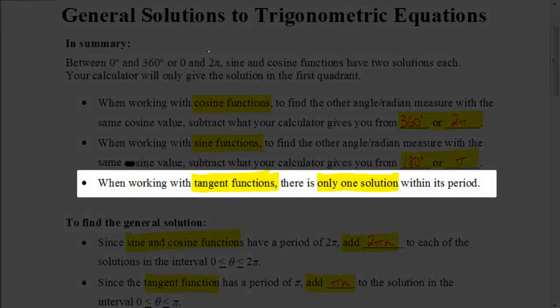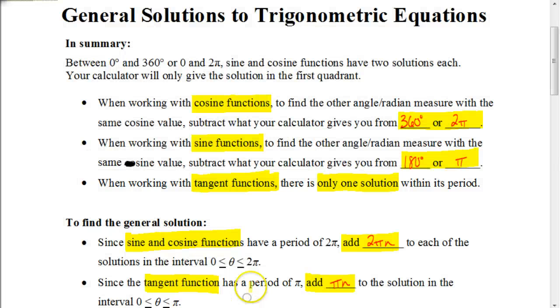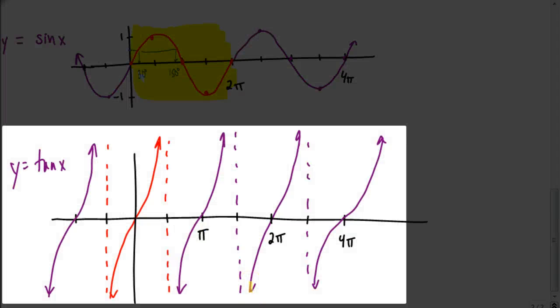Now the tangent function is unique. There's always only one solution within its period. For example, if you look at this graph, this in red represents one period of the tangent function. Remember, it has a period of pi units. It goes from negative pi over 2 to pi over 2, or we could even look at it as going from 0 to pi.